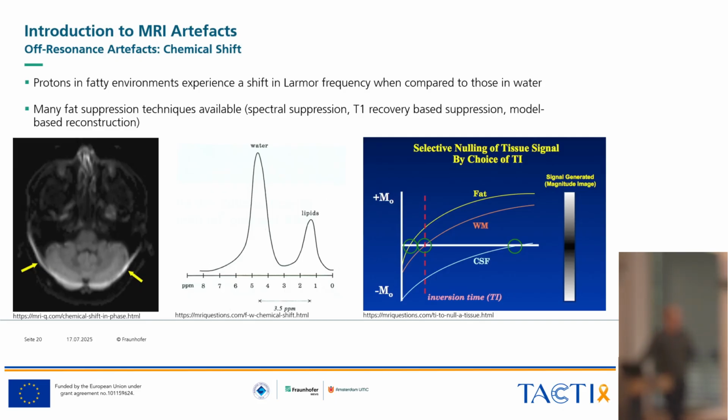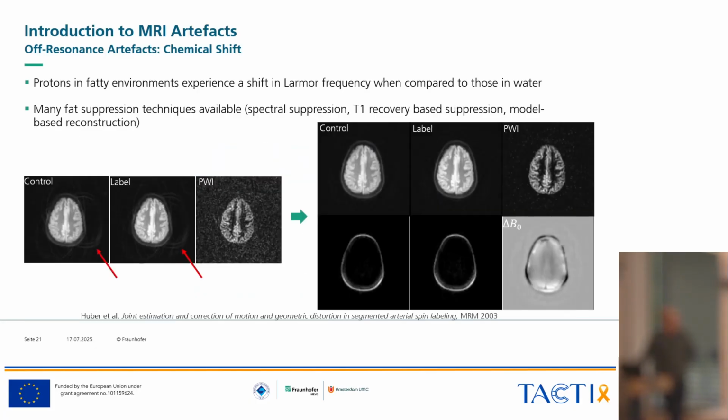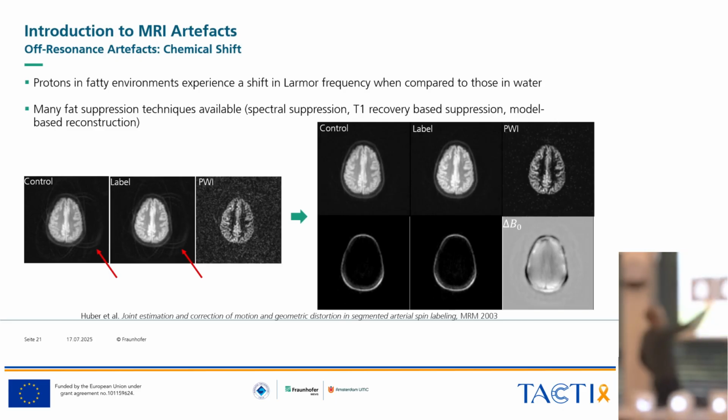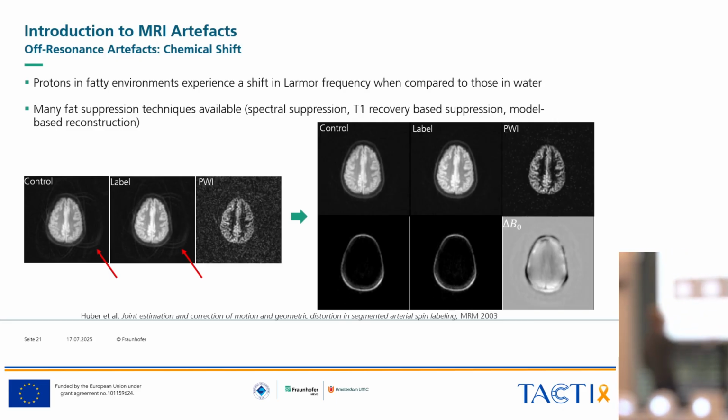And what you could also do is some model-based reconstruction, somewhat related to what we saw with this top-up approach. This is something that we developed for usage with ASL imaging. So there we see this shifted fat signal, which we don't want to have in our images.